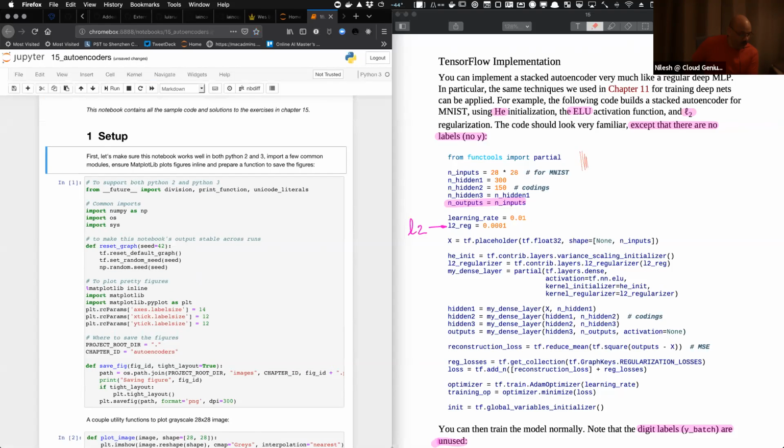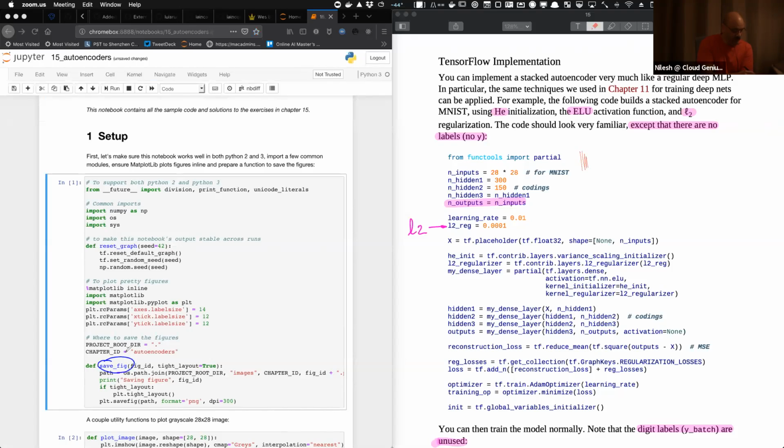We'll import a bunch of things. We also have a function called save figure, which will save us a picture. So that's a function defined here, along with importing a bunch of libraries and plotting capabilities.